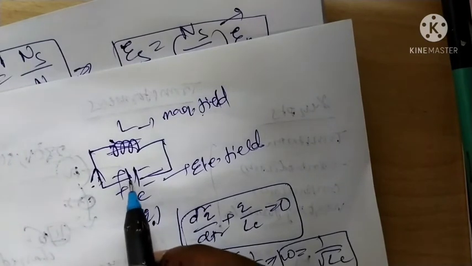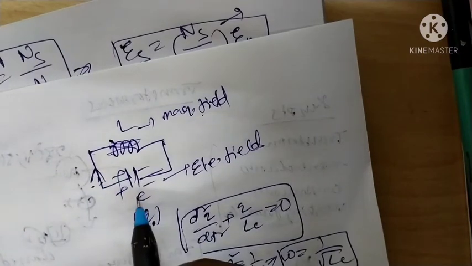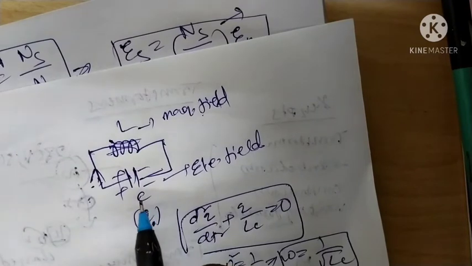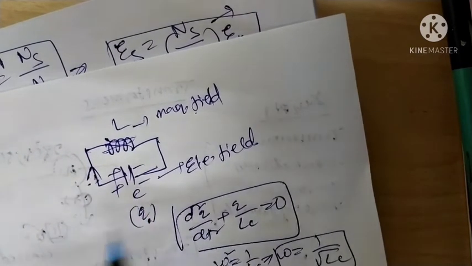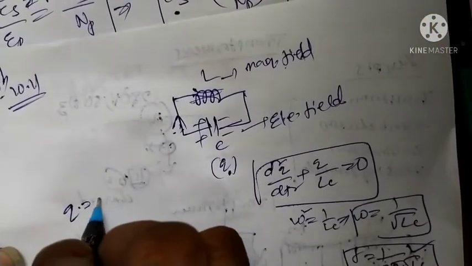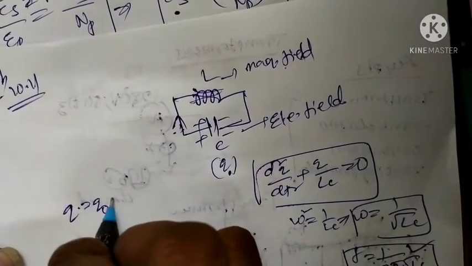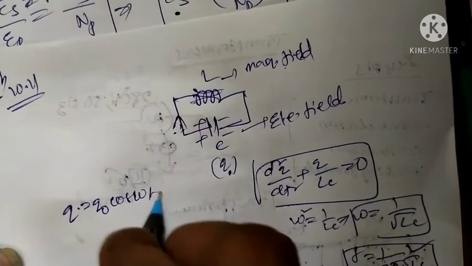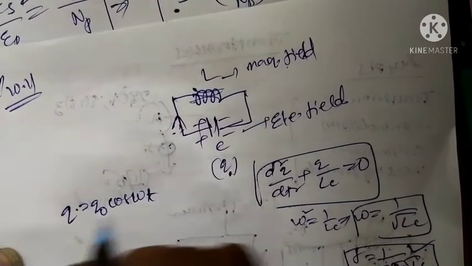That is the flow of charge through the circuit. The charge in the capacitor is given by Q equals Q naught cos omega t, as in the previous case of the LC circuit.